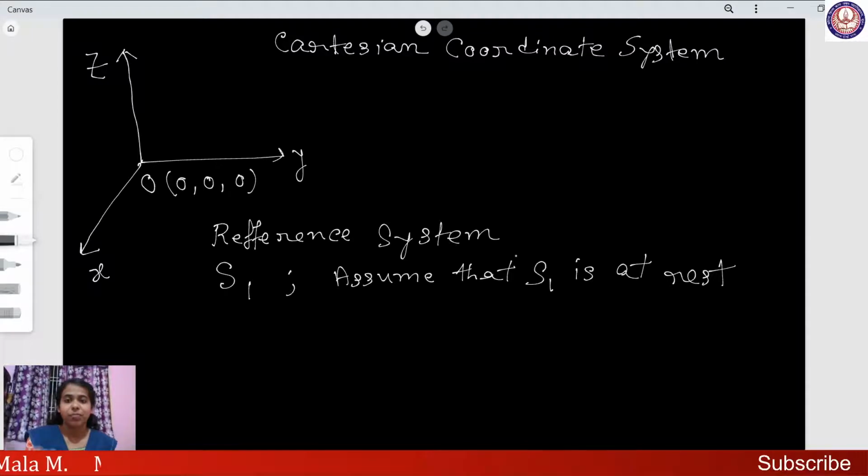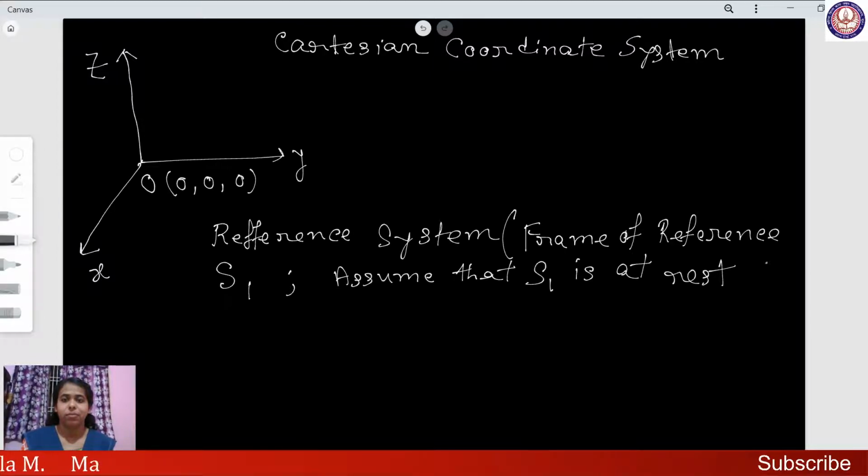So in that case, the frame of reference or reference system will be in motion.